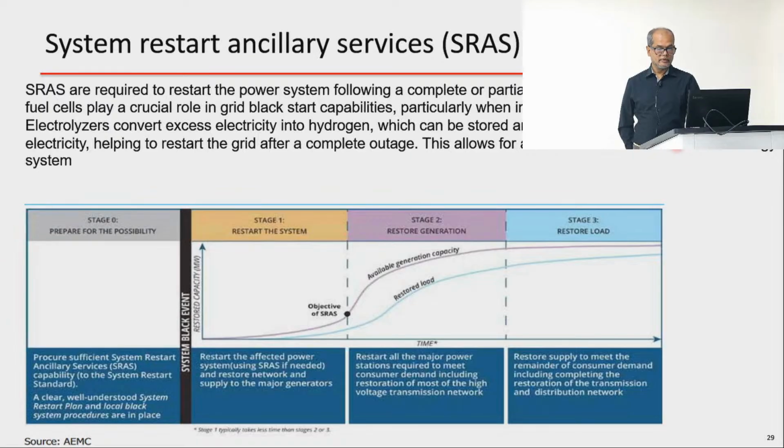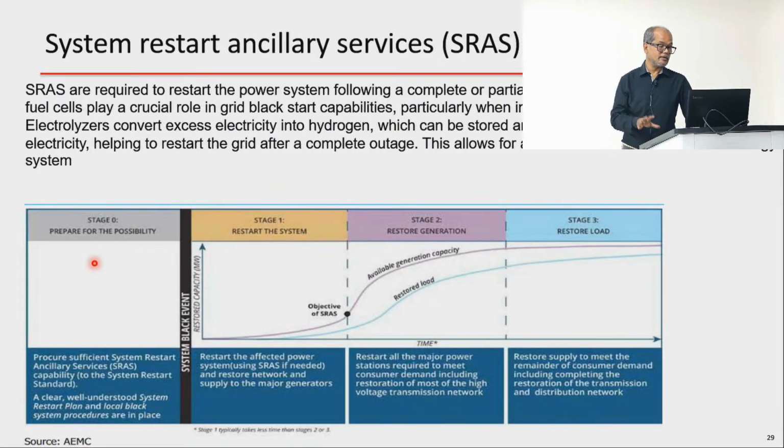Initially you have to prepare and have a proper plan for how you're going to do the restoration. For example, if the whole Australian grid blacks out, which city are they going to bring back first? There would be a location-wise map of how they're going to do that.